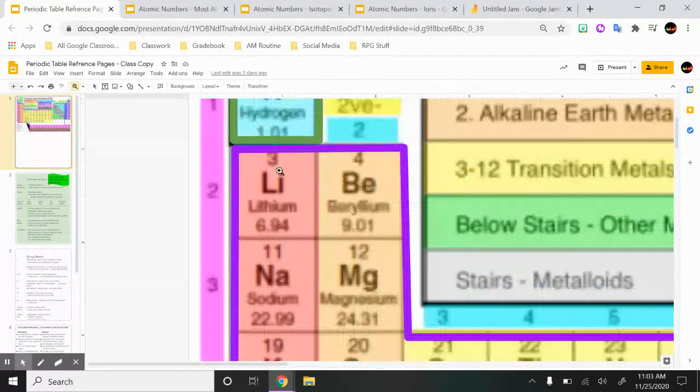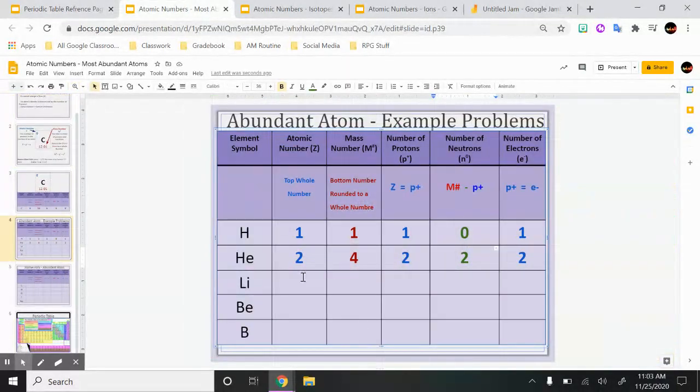Okay, so lithium, we have the atomic number at the top, it's 3. The bottom, we see the mass is 6.94. So my atomic number is 3. And you're going to see this is getting repetitive, but it's going to get stuck in your head. My atomic number is 3, so my protons are going to equal 3. And because this is a neutral atom, we want the positive and negative charges to cancel out.